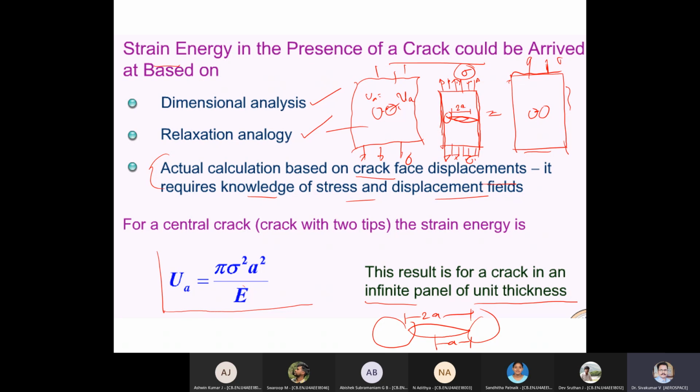So this energy is compared with this material's original fracture energy. The material itself has its own capacity.